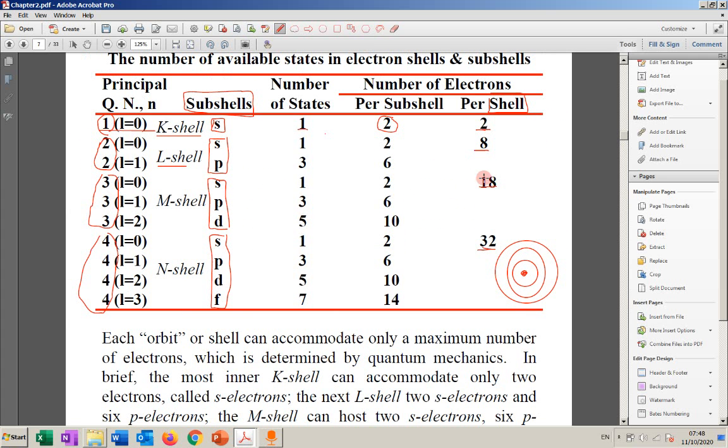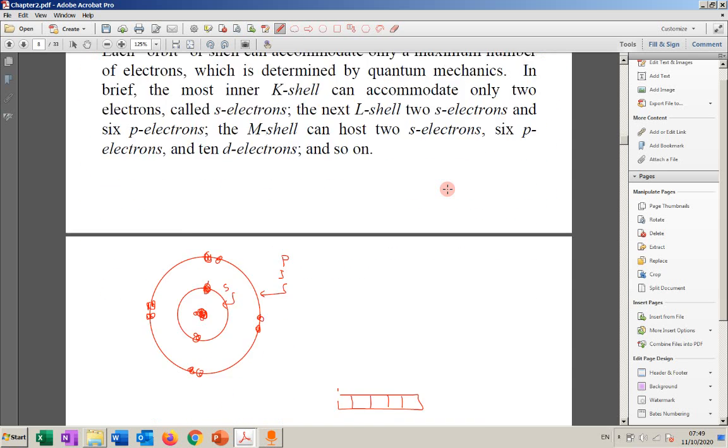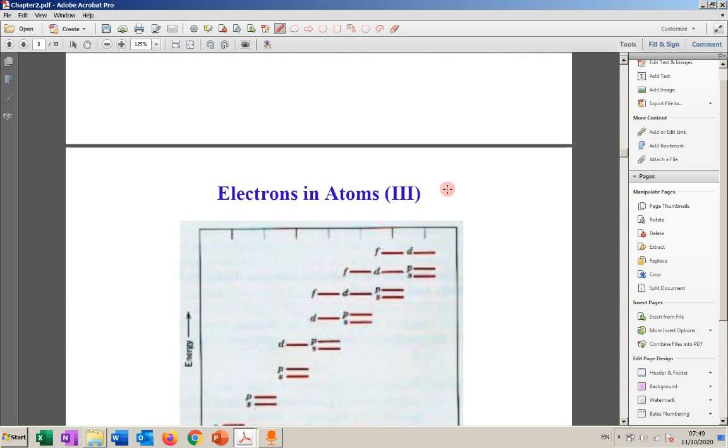Then so on for the others, 18 and 32 for 4 shells. There are also 5 and 6, continuing in the same manner. We're going to use these principles to do the electron configuration, and we'll get some properties from it.